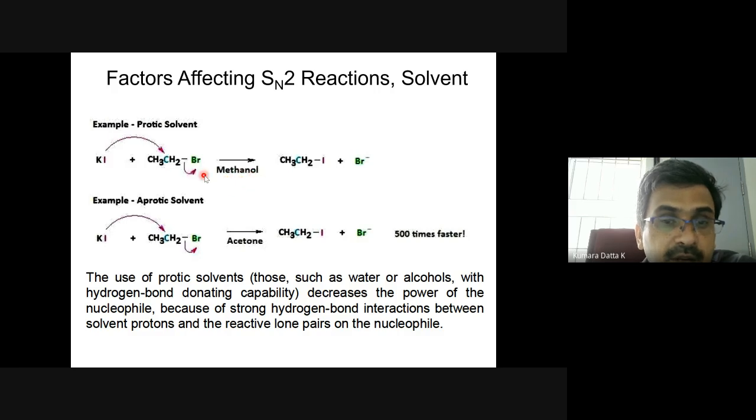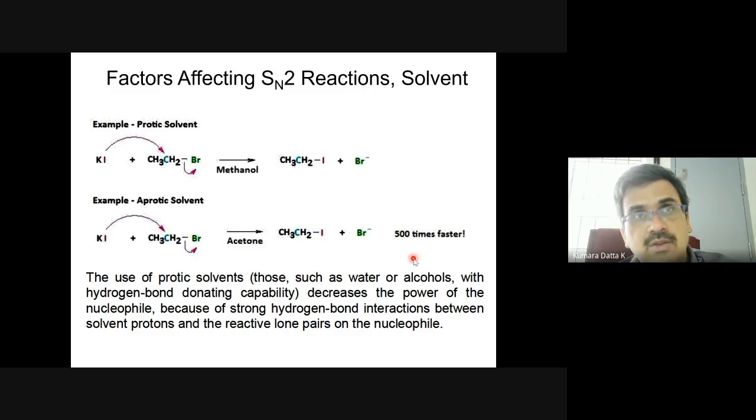This OH is a very good nucleophile compared to KI. So it reduces the power of the nucleophile because you have very strong hydrogen bonding interaction between the solvent protons and the lone pair of the nucleophile. So the protic solvent is not a good system, but an aprotic solvent is a very good system where the reaction goes much quicker.